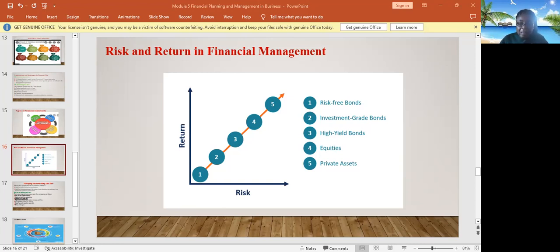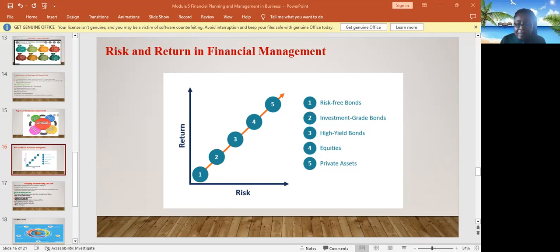But one thing is sure: all these classes you see here come with varying levels of investment risk. Having different risk-return portfolios helps you meet the different risk appetite of various investor groups.